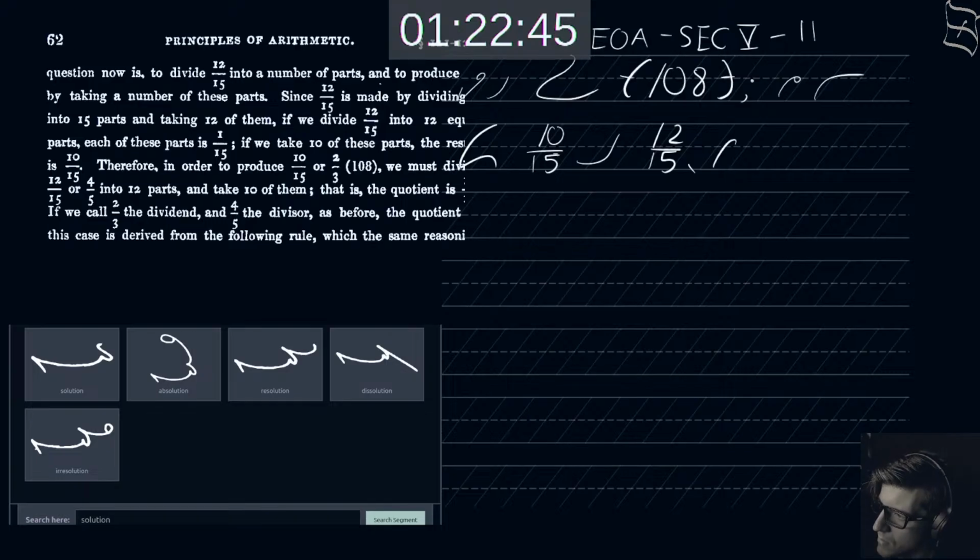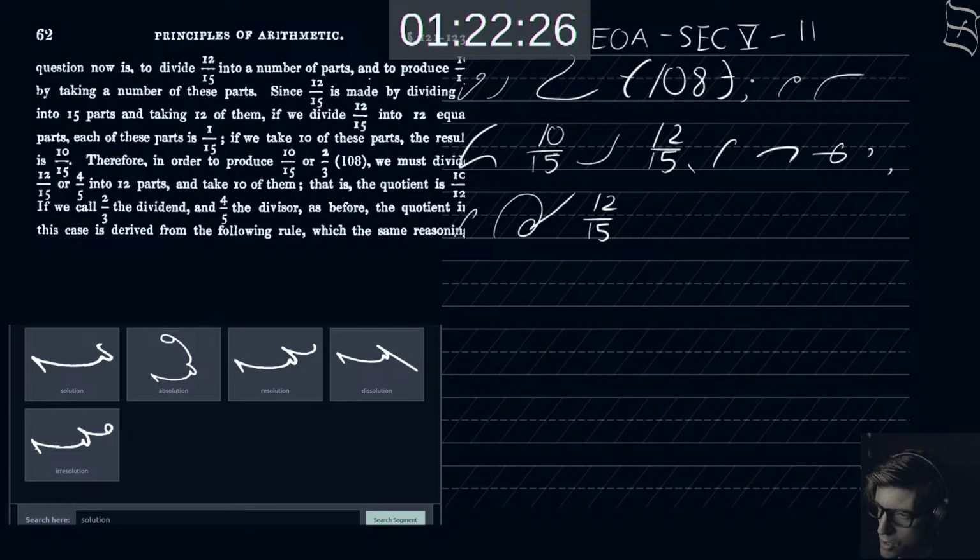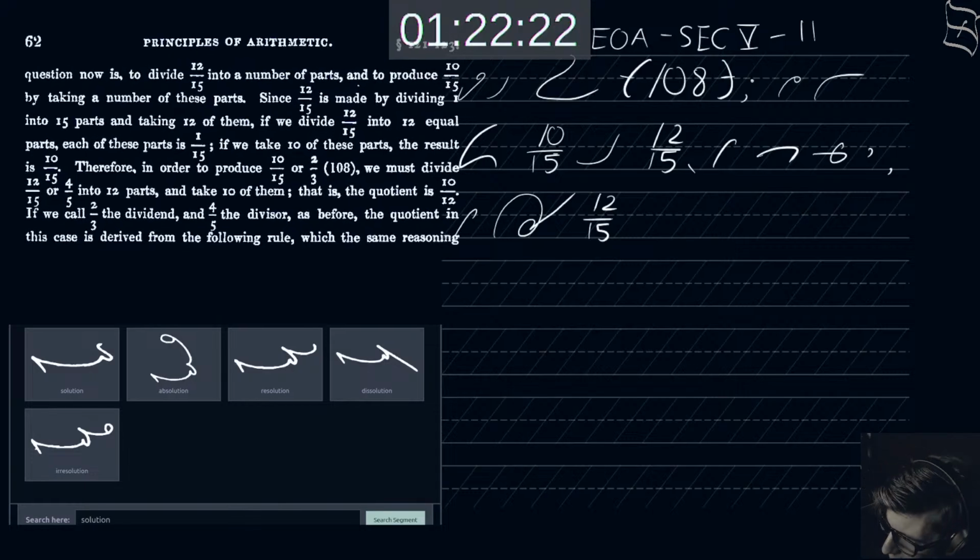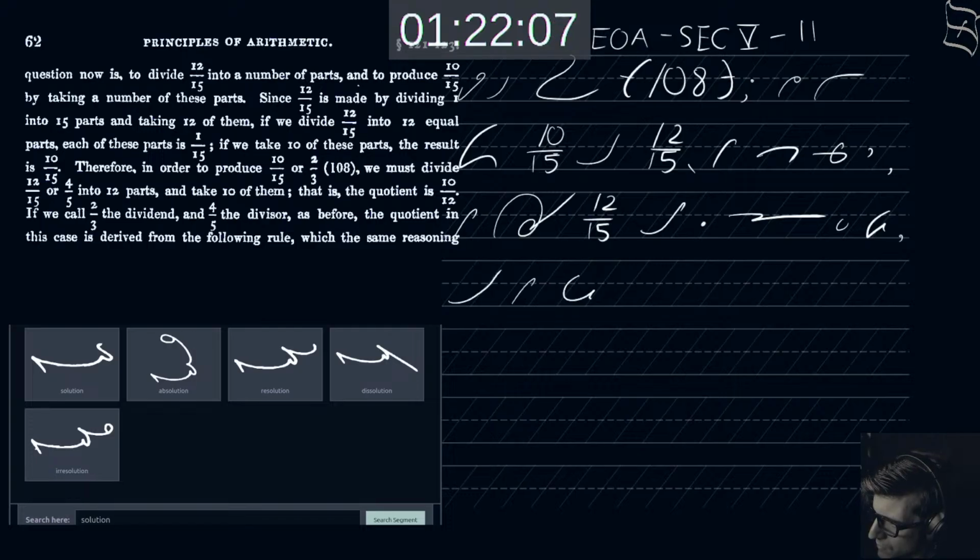The question now is to divide 12 over 15 into a number of parts and produce 10 over 15 by taking a number of these parts.